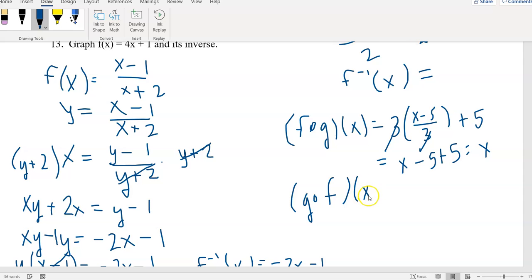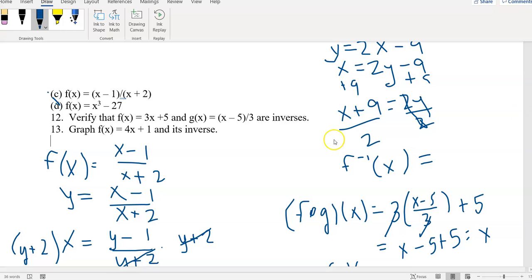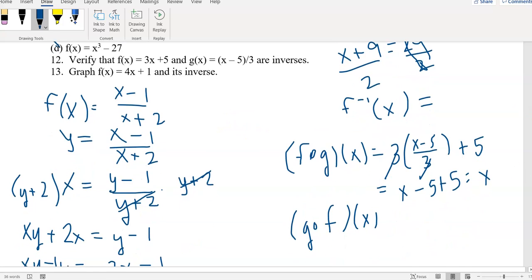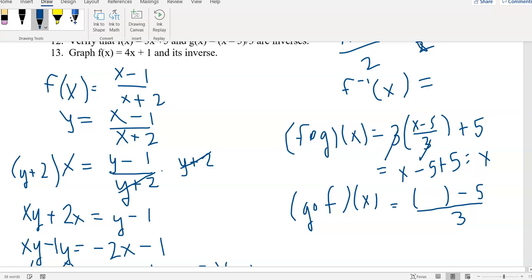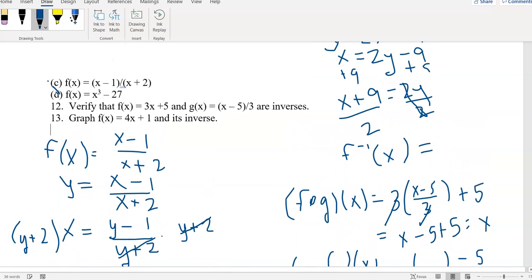All right, so g, let's put parentheses into it. So we're going to have parentheses minus 5 over 3. All right, let's drop f into those parentheses. F is 3x plus 5.